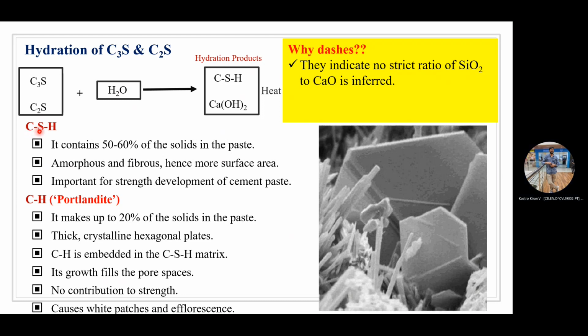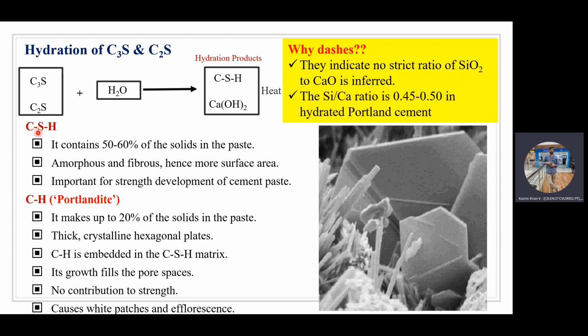S means silicate. When you represent a dash between the compounds, it indicates you cannot exactly tell how much calcium is available and how much silica is available. So they indicate no strict ratio between the CaO and SiO2 compounds. It can change every time. So when there is no strict ratio, you represent it with dashes.